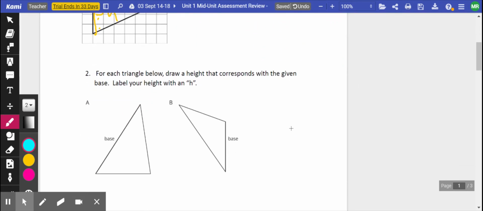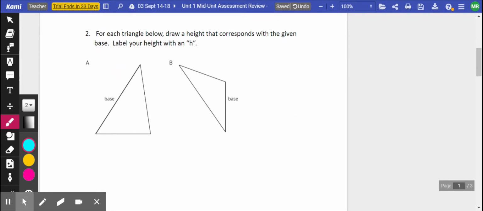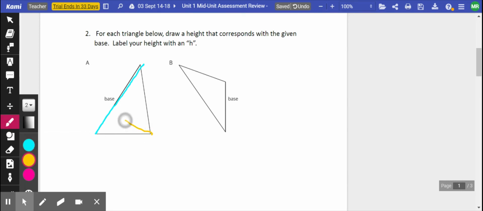Number two, we're given two triangles. We have one side of the triangle that is labeled the base, and we are asked to draw in the corresponding height and label it with an H. So let's start with triangle A. If this side is the base, then the corresponding height needs to go from the opposite angle straight down to the base to make a right angle.